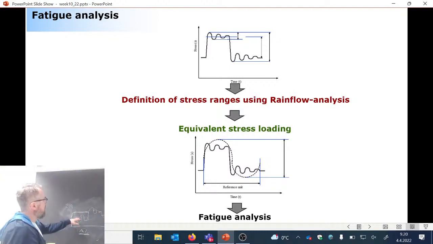And then you start taking water away from the container by opening valves at the bottom of the container.